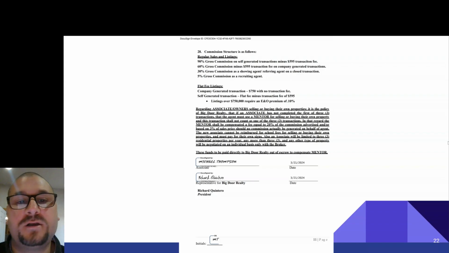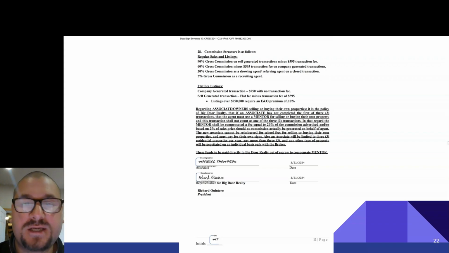In that regard, the mentor shall be compensated a fee equal to 20% of the commission advertised and or based on 3% of sales price should no commission actually be generated on behalf of agent.